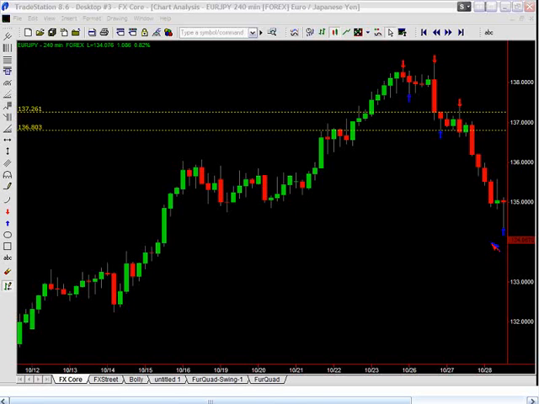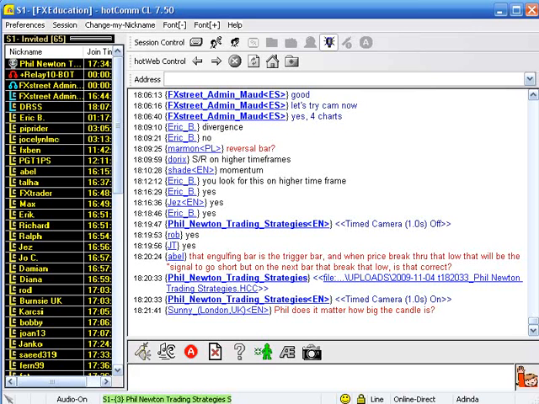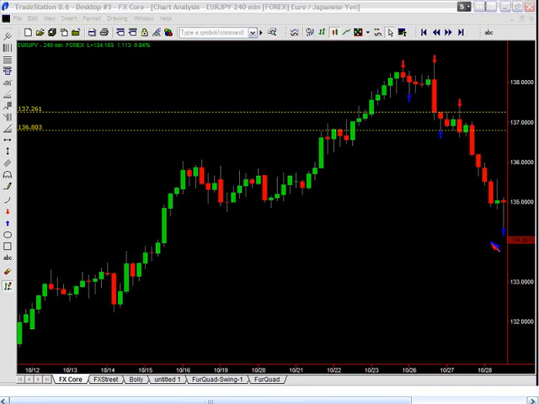Sonny, for me personally, no, I'm not too concerned. General rule of thumb for hammers and shooting stars is 2/3 wick, 1/3 body. If I'm honest, Sonny, I'm very, very loose with my interpretation of things.